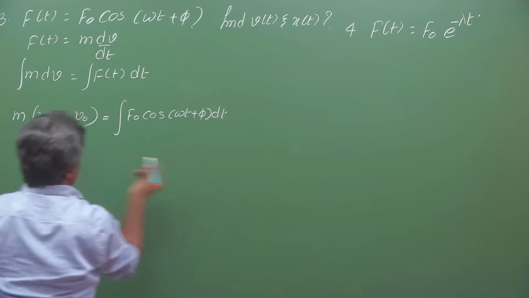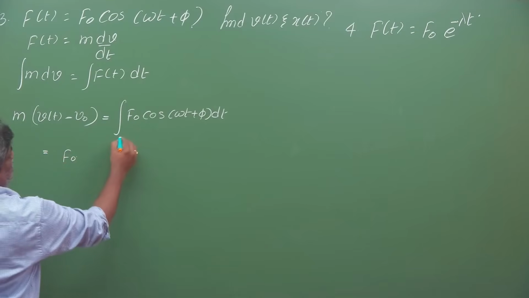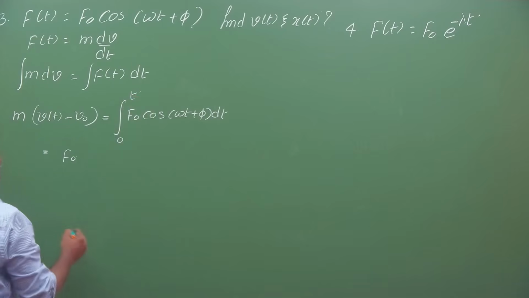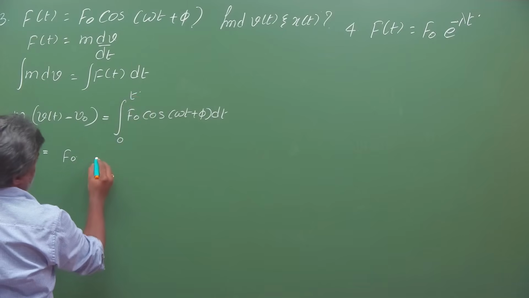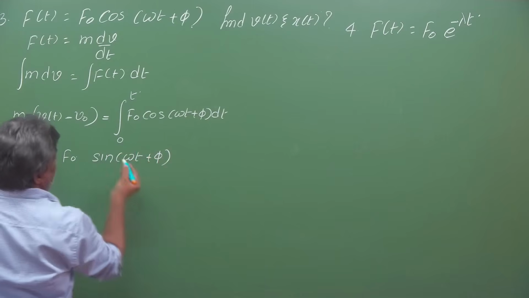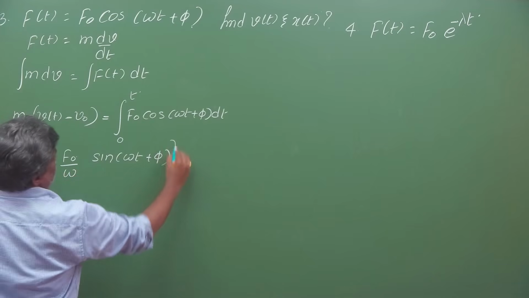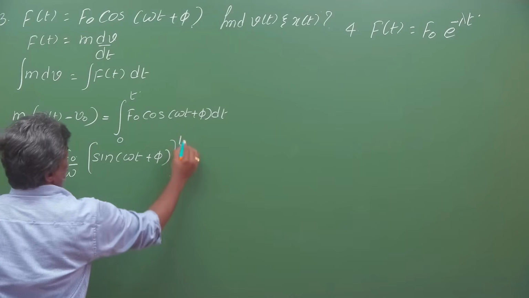F naught outside, and this is from 0 to t. Cos integral is sine omega t plus phi by omega, from 0 to t.